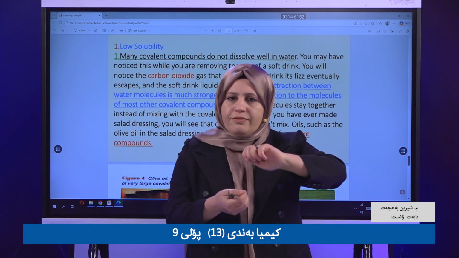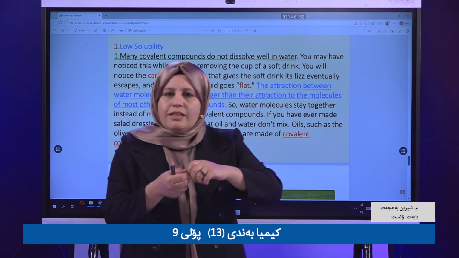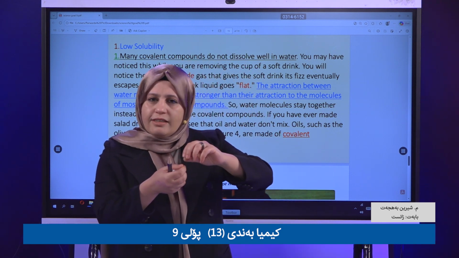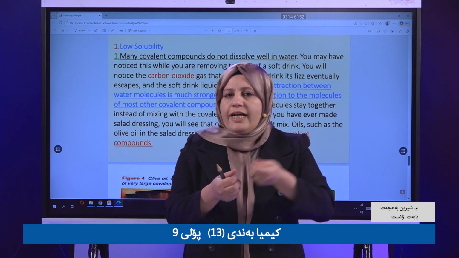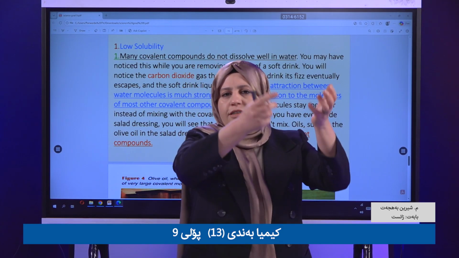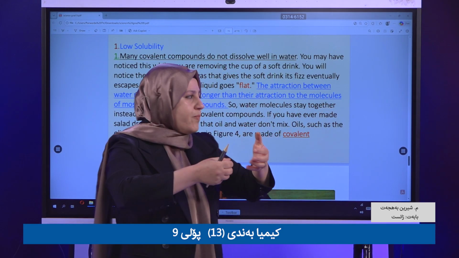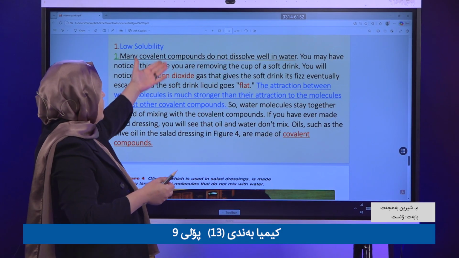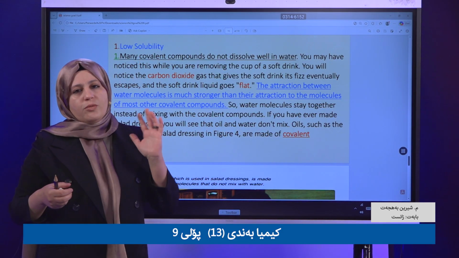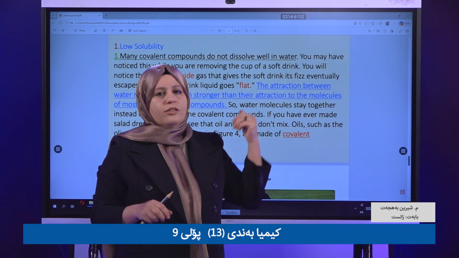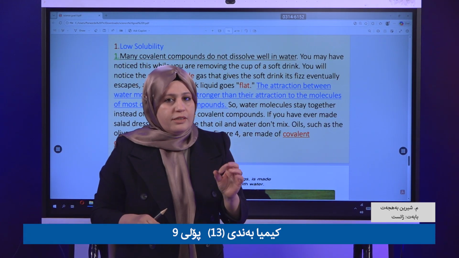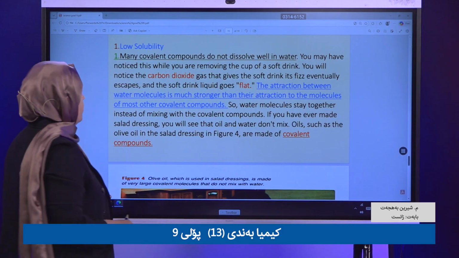When you open a fizzy drink, you hear a sound, right? What does it mean? The carbon dioxide tries to escape. Why? Because it does not dissolve in water. So carbon dioxide is a type of what? A covalent compound, not an ionic compound. Be careful.